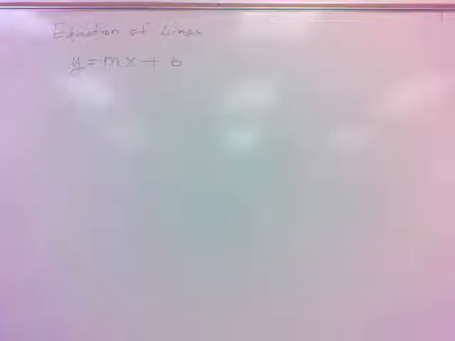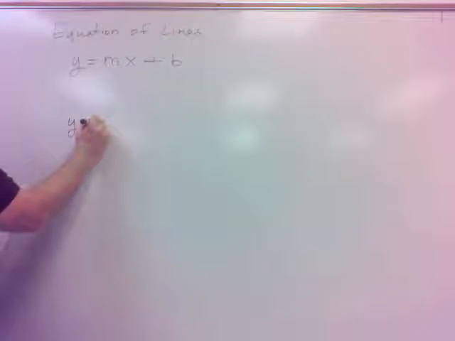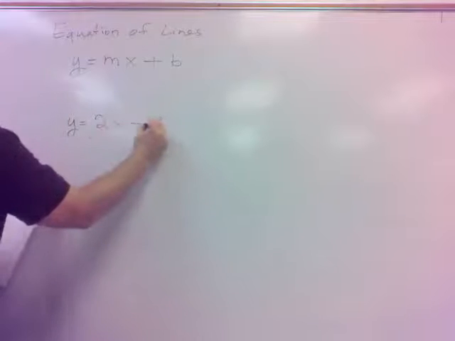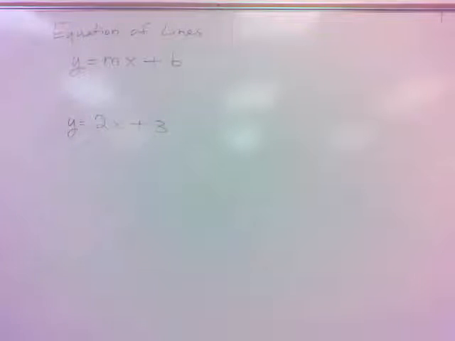Right? That's generally what you want when you see a line: y equals mx plus b, similar to a couple of the ones I did earlier. The example number 1 that I had up here was y equals 2x plus 3.